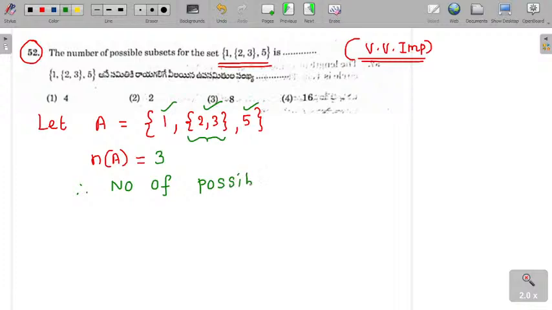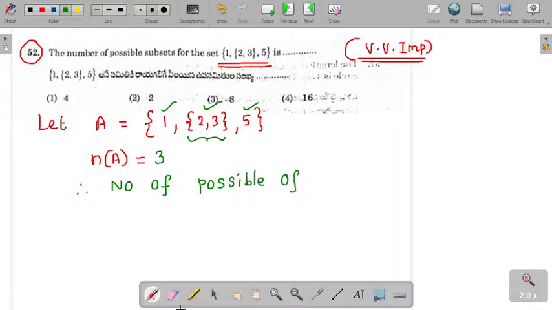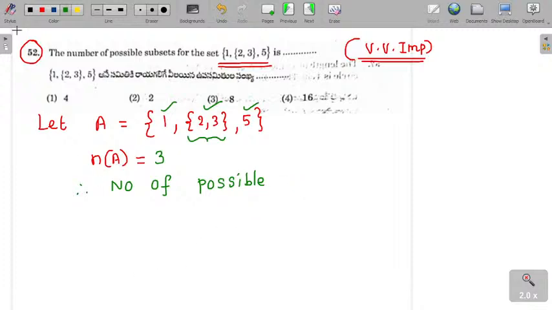Do we have any idea how to find the number of possible subsets if the cardinality of the given set is known? The number of possible subsets is equal to 2 to the power of n of A. If this is equal to n, it is 2 raised to n, where n is the number of elements present in the set.